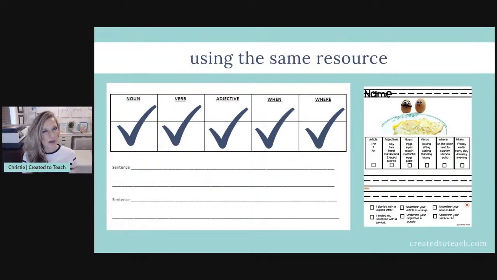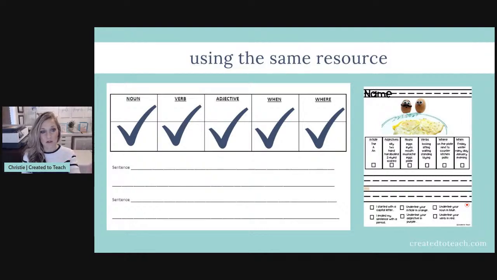So my question is, why complicate things when we can use the resources that we already have? This very resource that you've seen a couple times not only guides your students in getting ideas onto paper, it also can act as a rubric. So when we, the teachers, or they, as independent learners, are self-assessing and asking, okay, do I have all the pieces that make up a super sentence or a complete sentence?